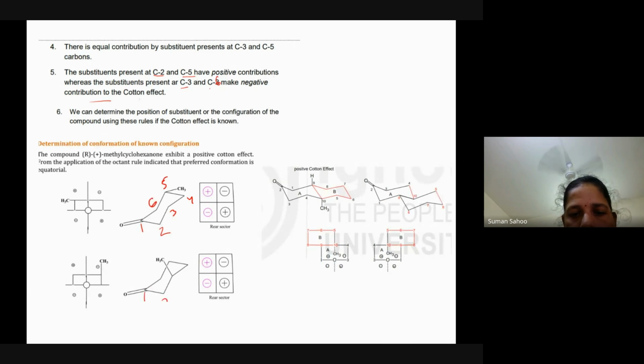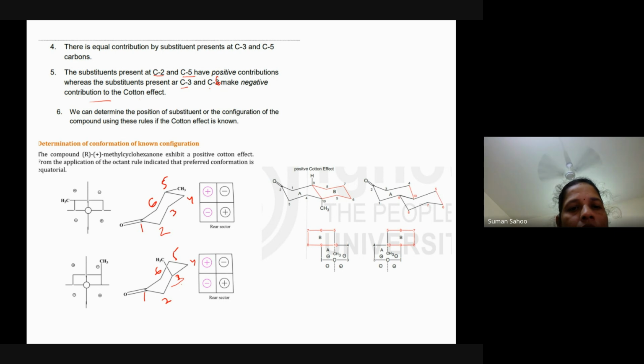In the case of this enantiomer, the CH3 group is present in the positive octant. So C5 has positive contribution, which means it should give a positive Cotton effect. And when it is present in the rear octant, this would give a negative Cotton effect. So from this you can say which one is which enantiomer.